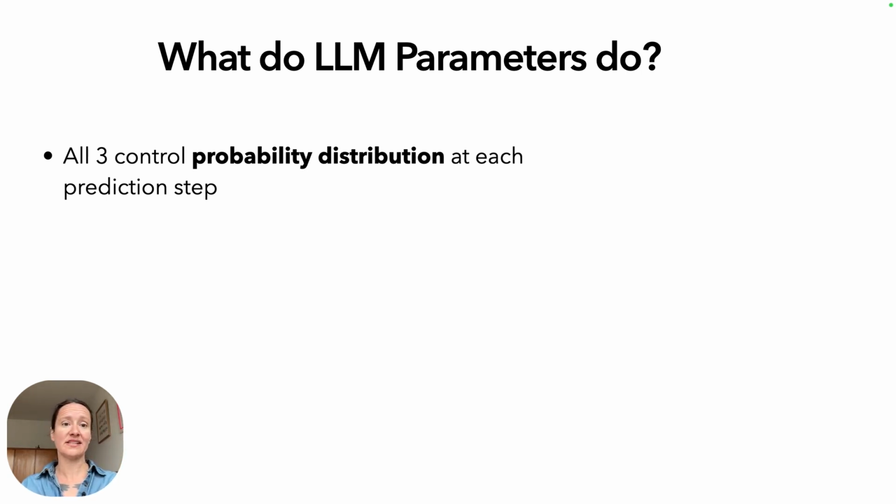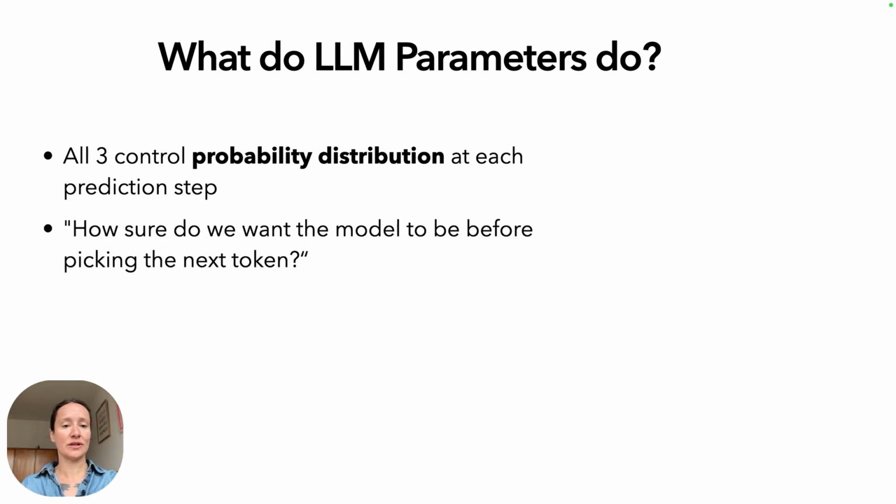So all of that precedes this and helps decide what that probability distribution is. And then these parameters let us tweak what we think it should change in that LLM system to predict the next token.